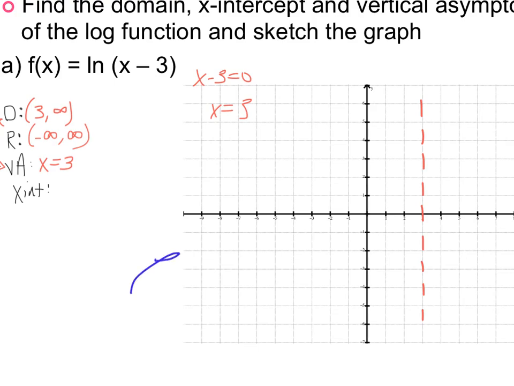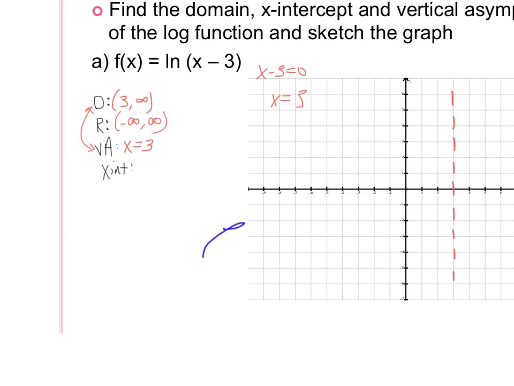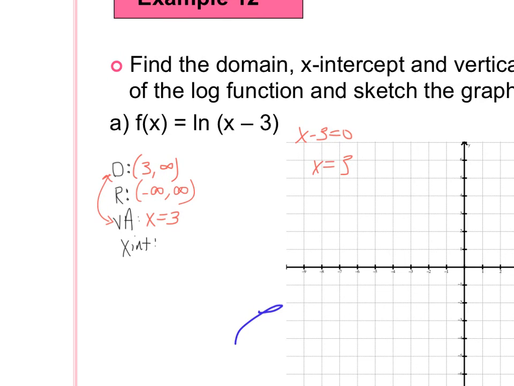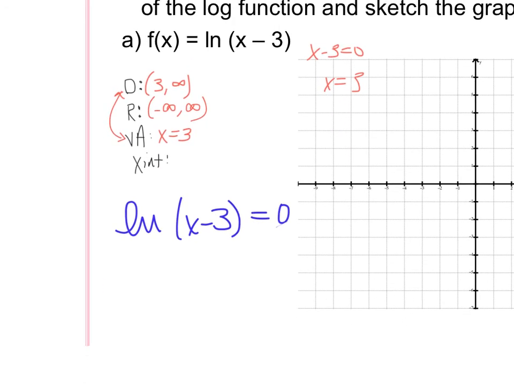Okay, so now that I've found those things, I need to find my x-intercept. How do we find x-intercepts? We set y equal to 0. So natural log of x minus 3 equals 0. What did you tell me the opposite or inverse of natural log is? E. So I put an e here and raise everything, we did this last year, we'll do more of this for solving, I'm just showing you.